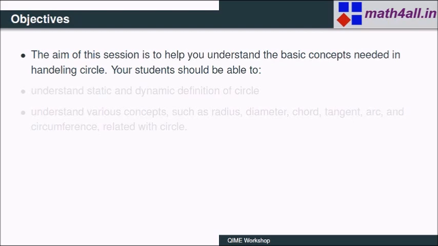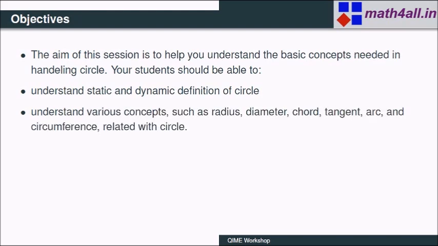Okay, and you see, what is the static and dynamic definition? The static definition is the distance of all the points. The standard definition that we give is the static definition, and dynamic definition is the one given by Apollonius, and various concepts called. And so all this goes into define and prove, which is the standard material in your textbooks. So we have already done this part.